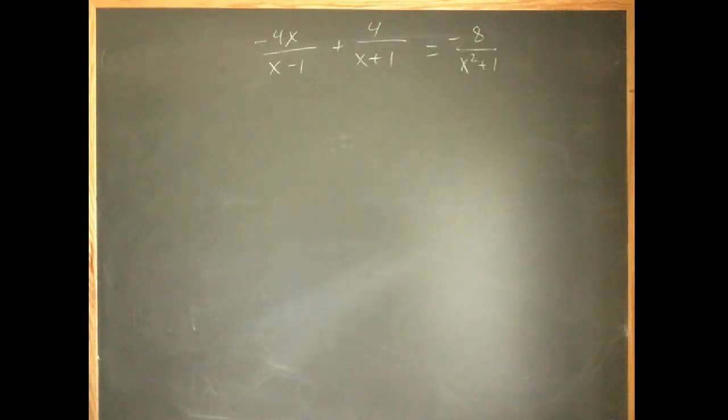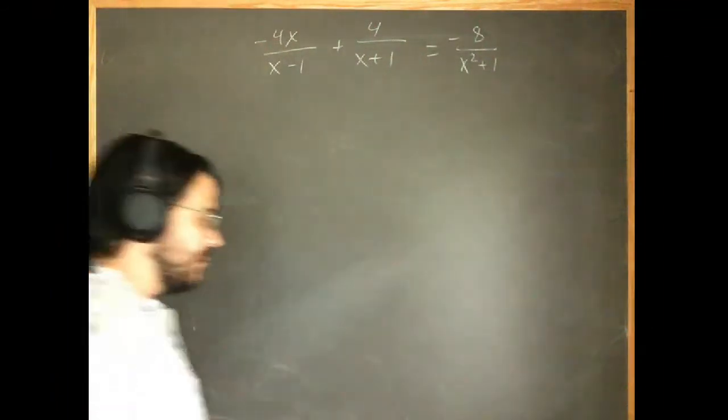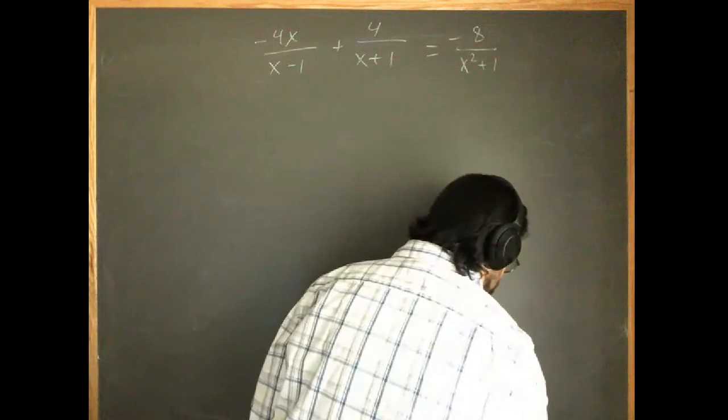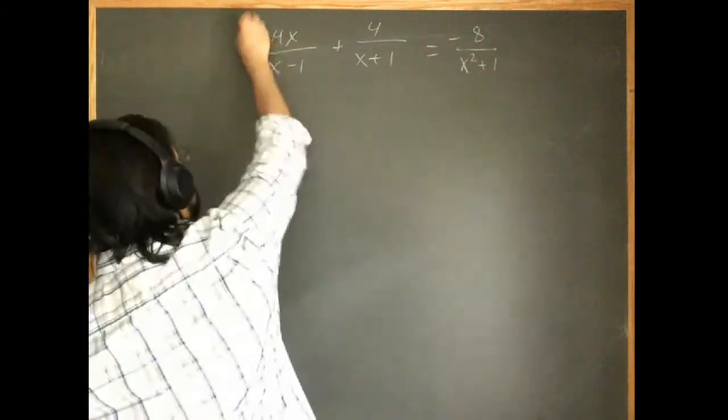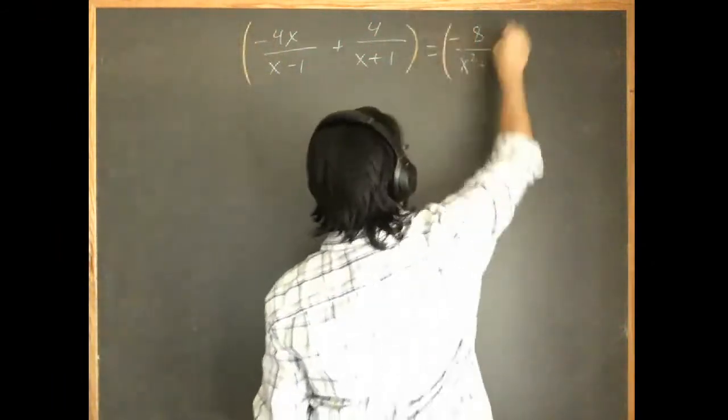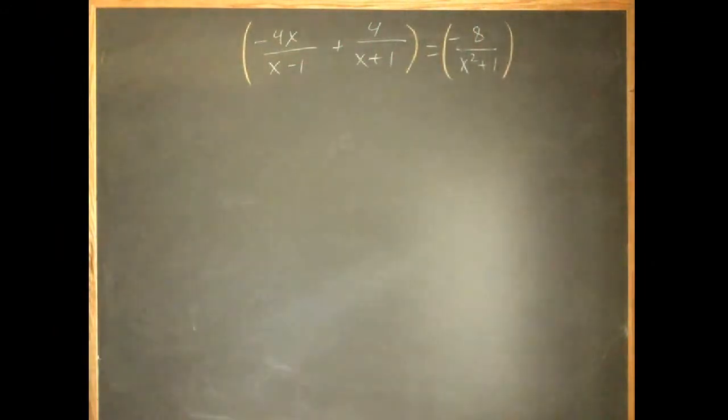Now, what we want to do with this problem is get rid of the denominators, okay? So we want to multiply both sides of this equation by the least common denominator. So somebody tell me what the least common denominator in this case is. What should we multiply both sides by in order to clear out all of those fractions?